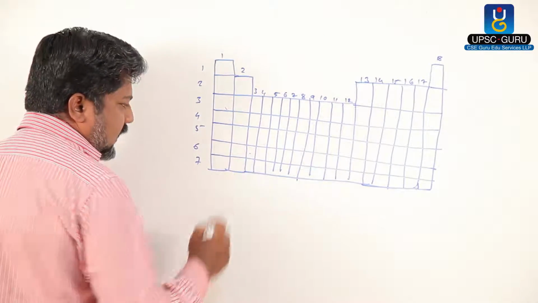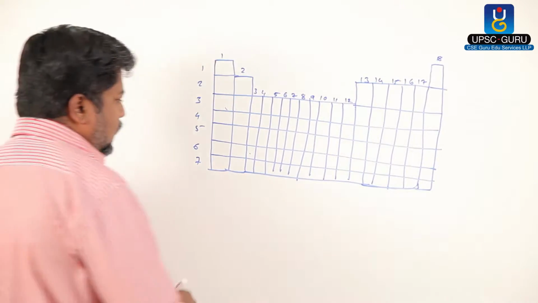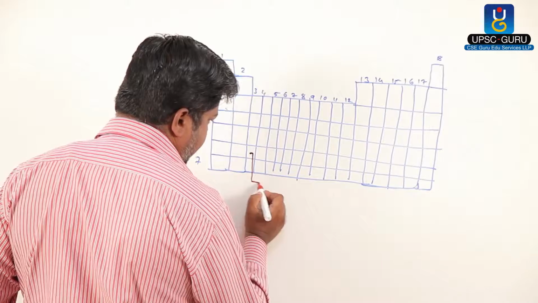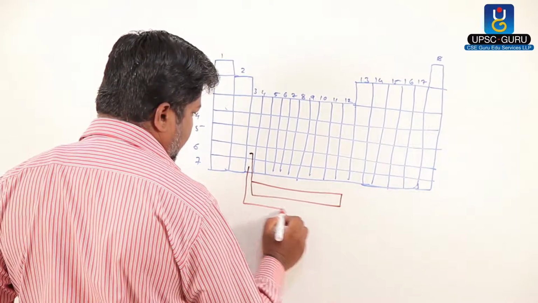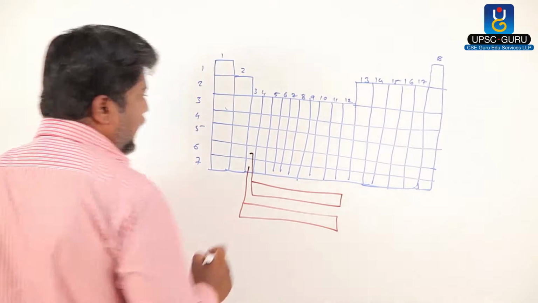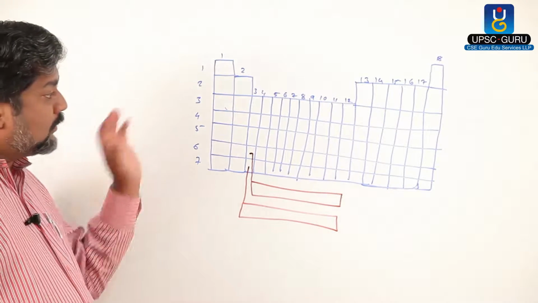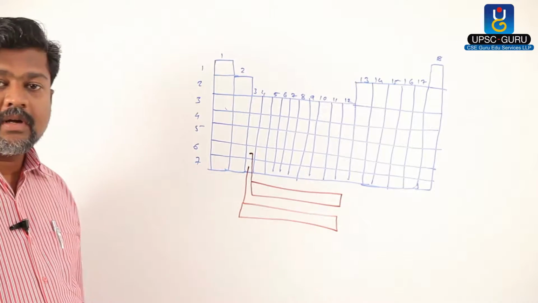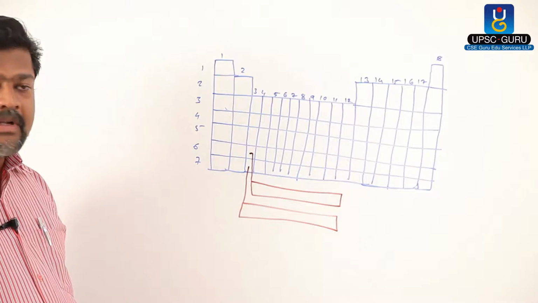Then from this side, in a different color, the lanthanide group, and this side the actinide group. I am drawing only the skeleton of the periodic table.